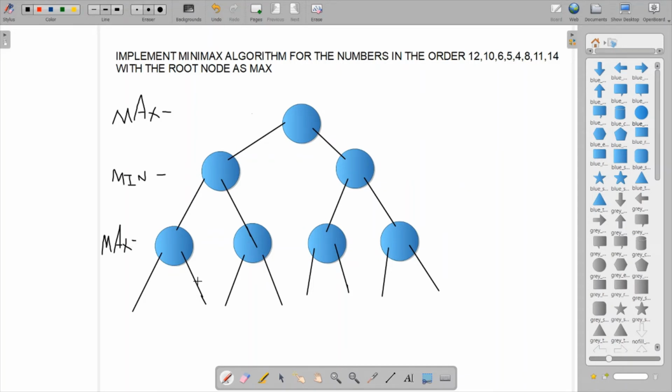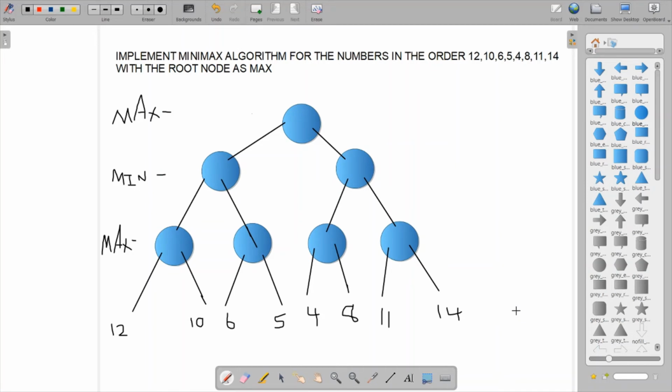It's also given the numbers are in the order 12, 10, 6, 5, 4, 8, 11 and 14.